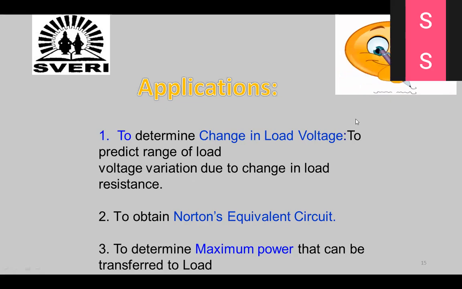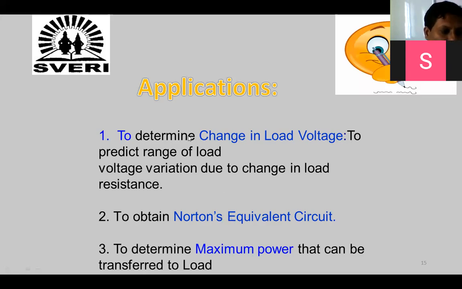Second, from Thevenin's equivalent circuit, you can easily convert into Norton's equivalent circuit to find the maximum current flowing through the two terminals which are shorted. For that you have to convert to Norton's equivalent circuit, using source transformation.